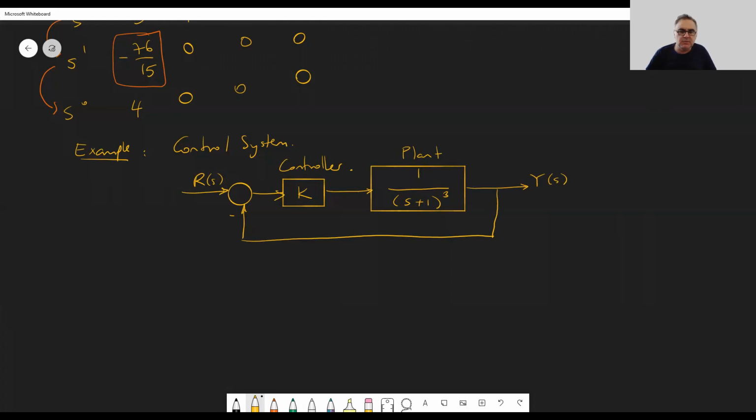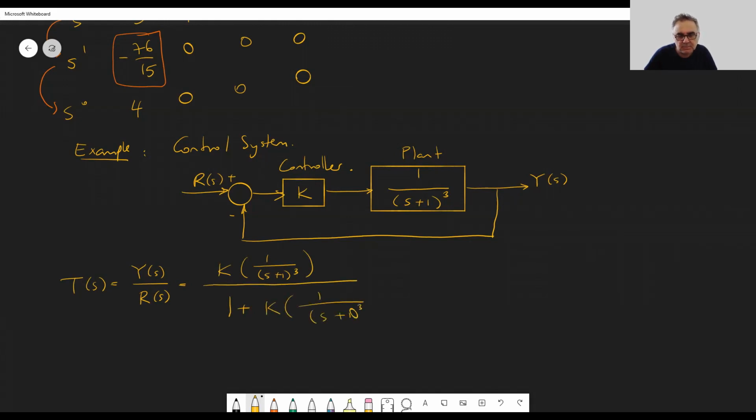The closed loop transfer function between input R and Y, T of s, which is Y of s over R of s, is, as you know, K times 1 over s plus 1 cubed divided by 1 plus K times 1 over s plus 1 cubed.